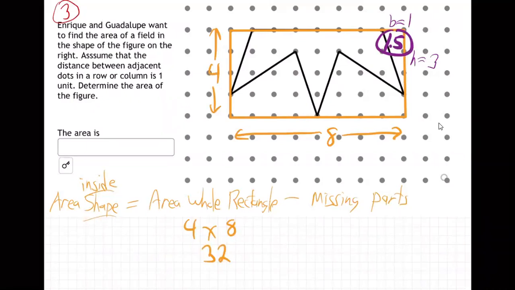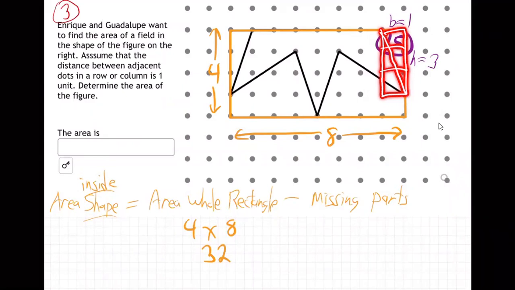So for a triangle, remember it's a half times base times height. You just take one side times the other and then cut it in half. So 3 times 1 is 3. Half of 3 is 1.5. And that's true, isn't it? If you do the whole thing right here, see how there's 3 squares and this triangle cuts that exactly in half?